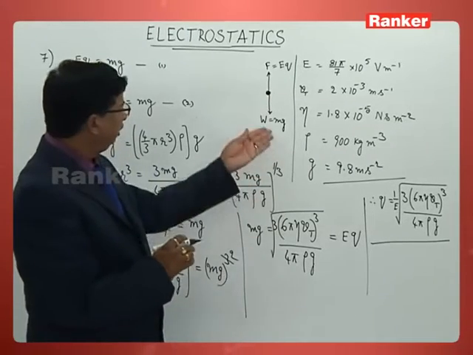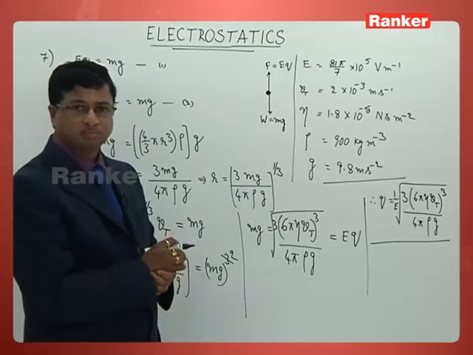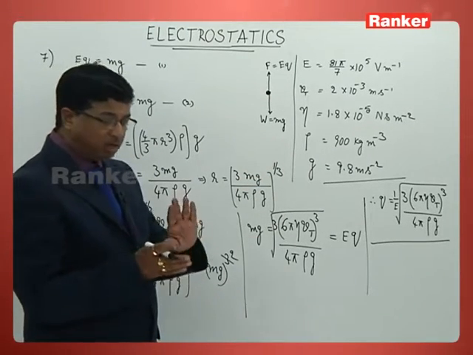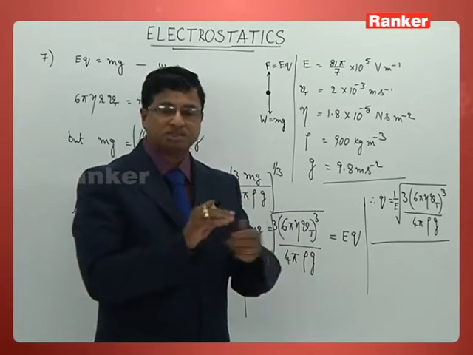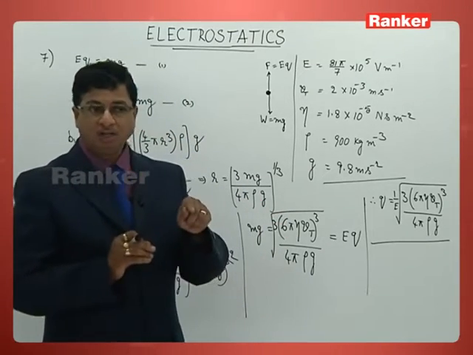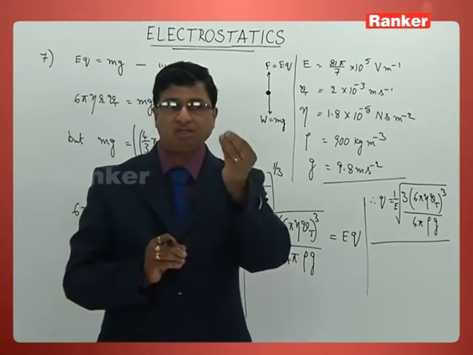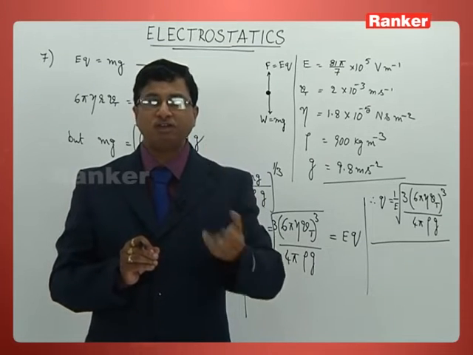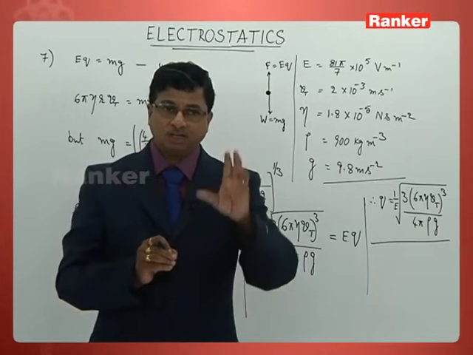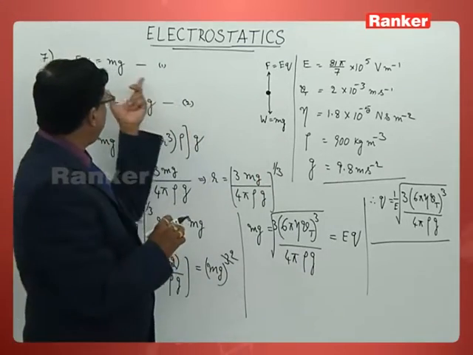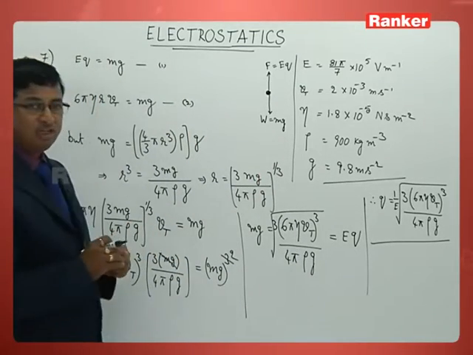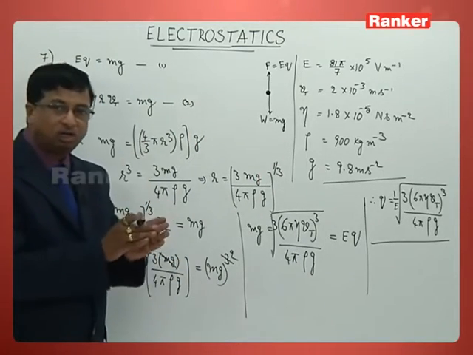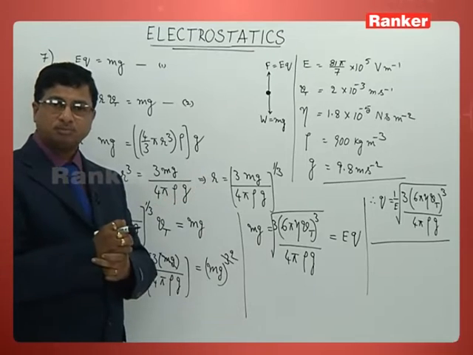But certainly a little lengthy number, because we are taking up 2 different concepts here. One, when the drop is being stationary in air, what is the condition? That condition we have taken it as EQ and mg are supposed to be equal and opposite.